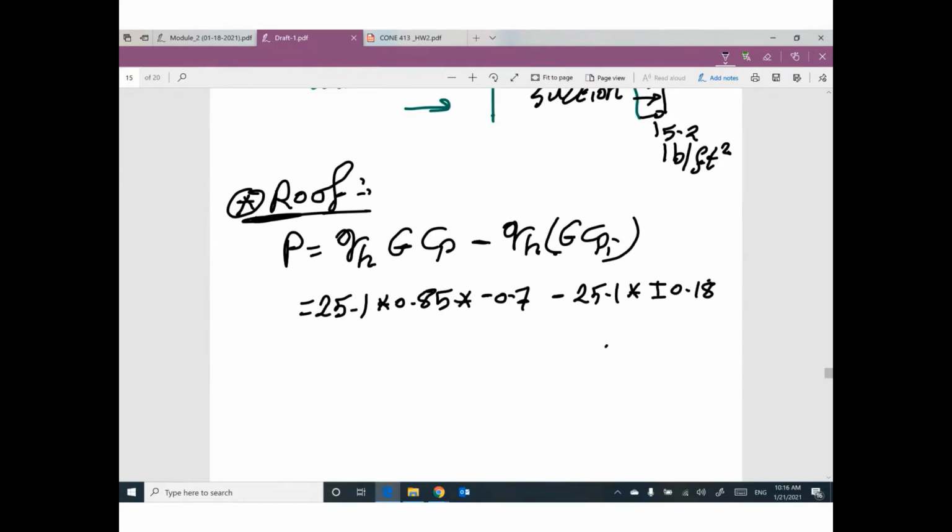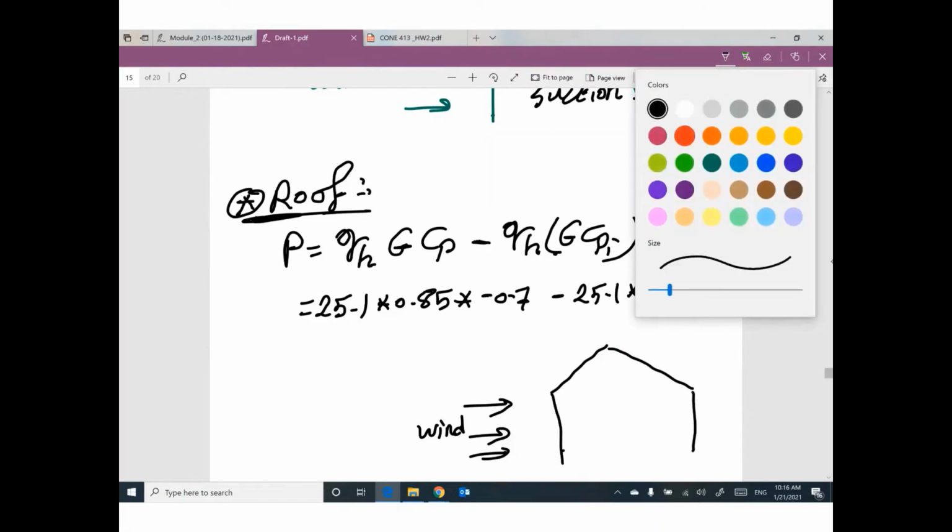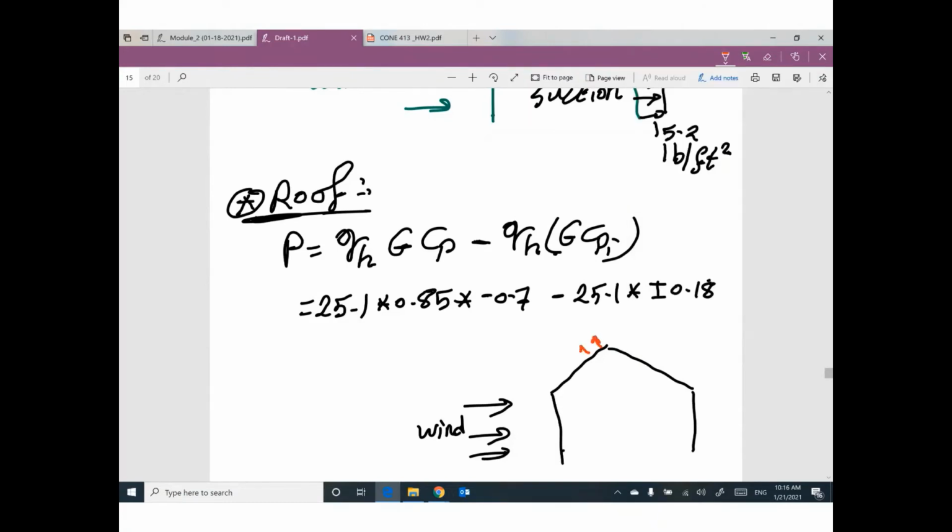So guys, to make sure, there is the wind direction. Right now I'm talking about this windward roof. I'm talking about this value. So I will get two values based on the plus and minus here.